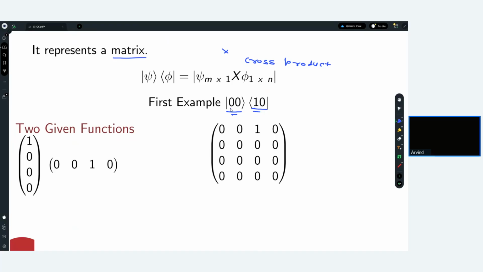So ket 00 is represented by a column vector where 1 is present at the 00 position, and bra 10 is represented by a row vector in which 1 is present at the 10 position.